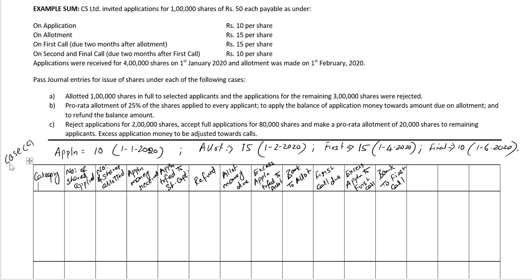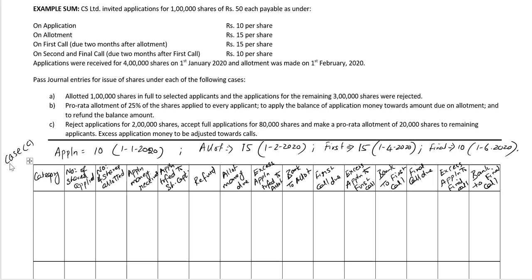The last three: final call due, excess application to the final call, and bank to final call.